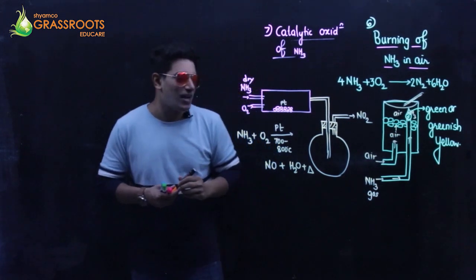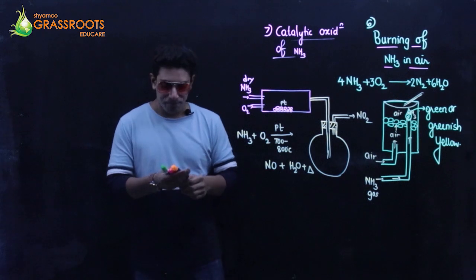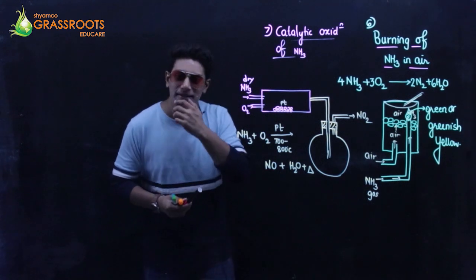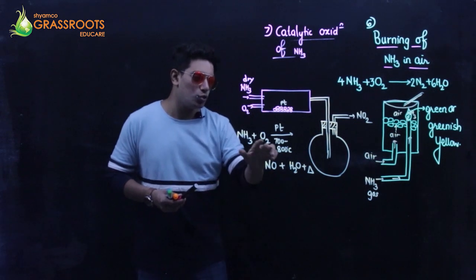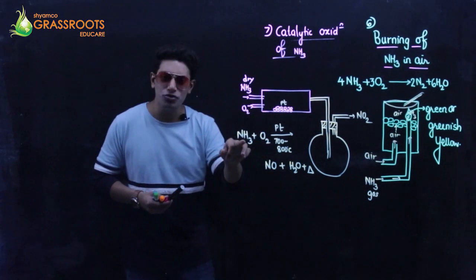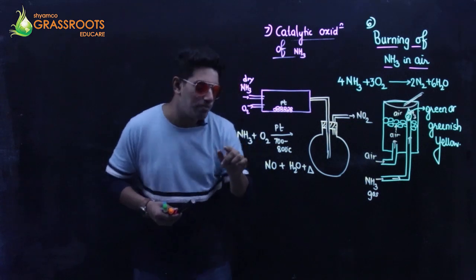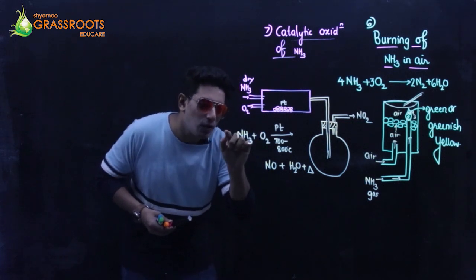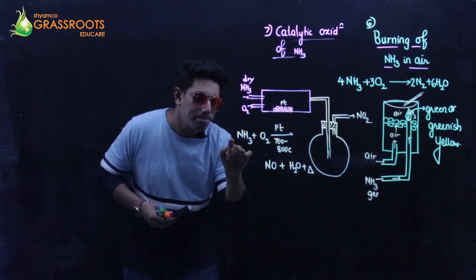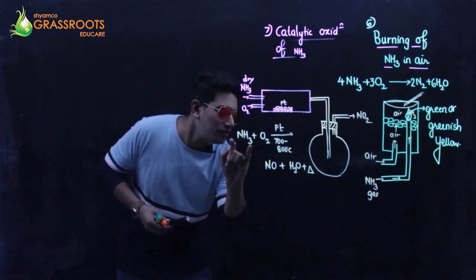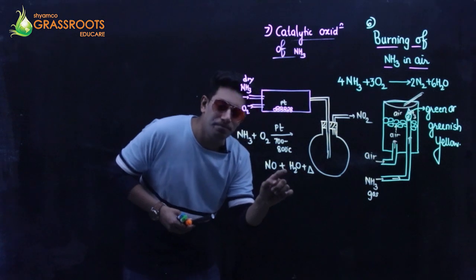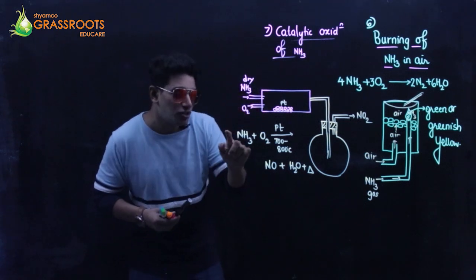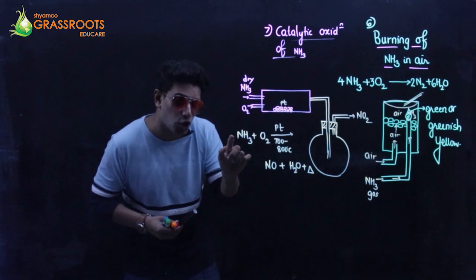Alright, if you balance this out, students, how do we go about the balancing? Nitrogen is balanced, fine. Oxygen 2, fine. Hydrogen 3, it's an odd number. Let's try putting a 2 out here. Now, if I put a 2 here, we'll have 6 hydrogen. We need to put a 3 out here. But a 2 here makes 2 nitrogen also.